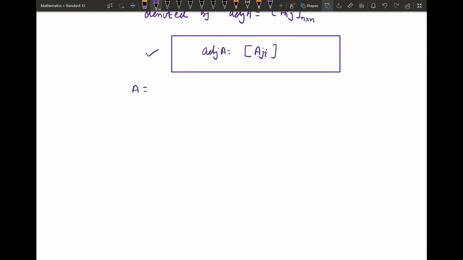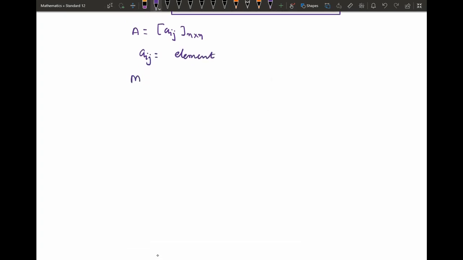So A, as usual, [eij] is an n by n matrix. eij is an element, Mij is the minor of eij, and capital Eij is the cofactor. So minus 1 raised to i plus j into Mij.